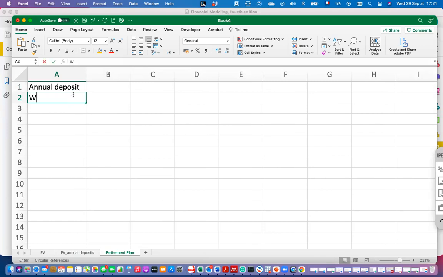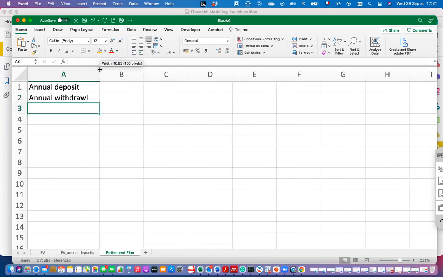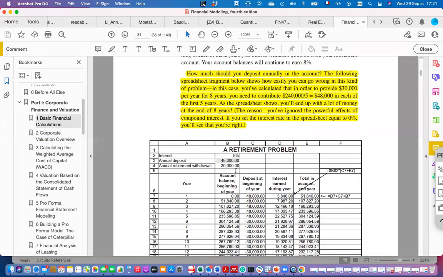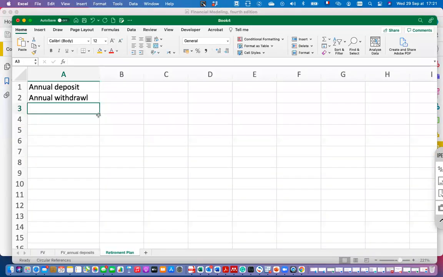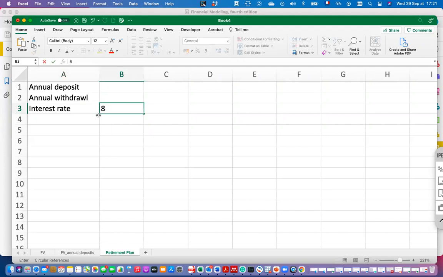Then I have an annual withdrawal during my retirement, then we have the interest rate, 8%.